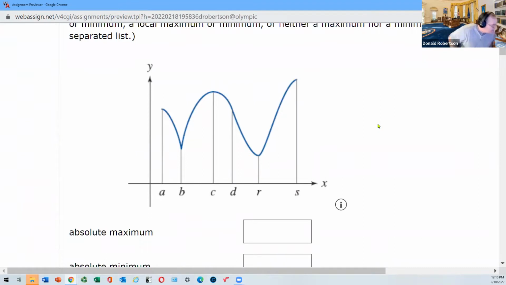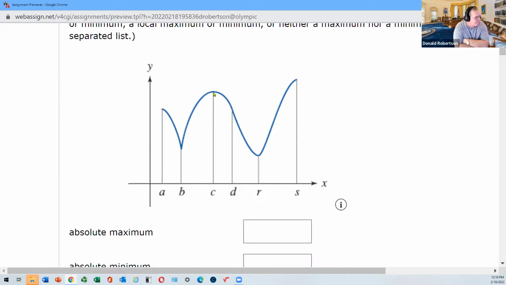So on this curve, there's a guy called A, B, C, D, R, and S, right? There's tons of different guys. In this guy, what is happening at C? My mouse is pointing at it. What would we call that bit at C?